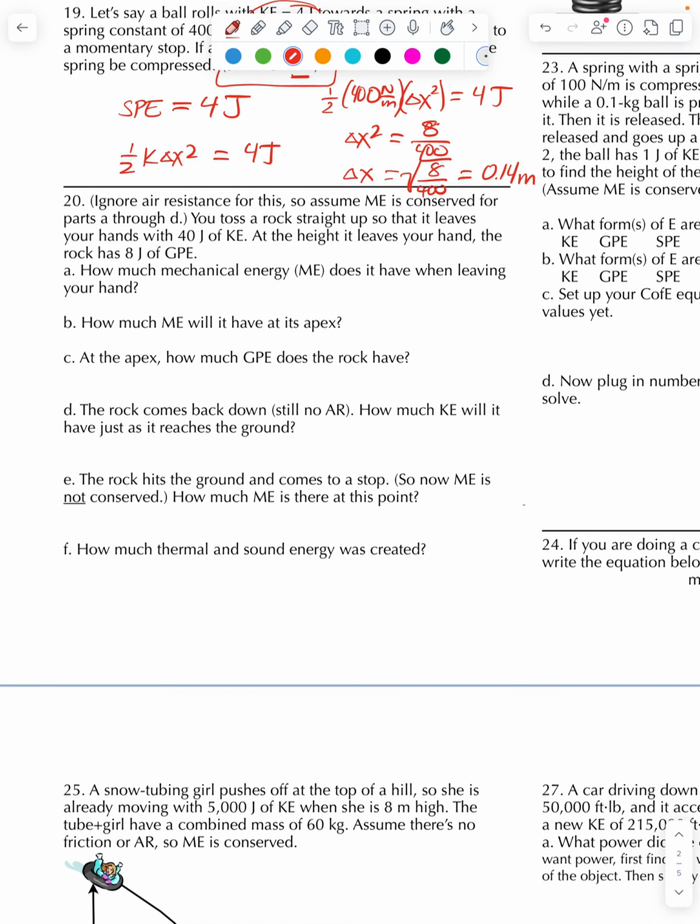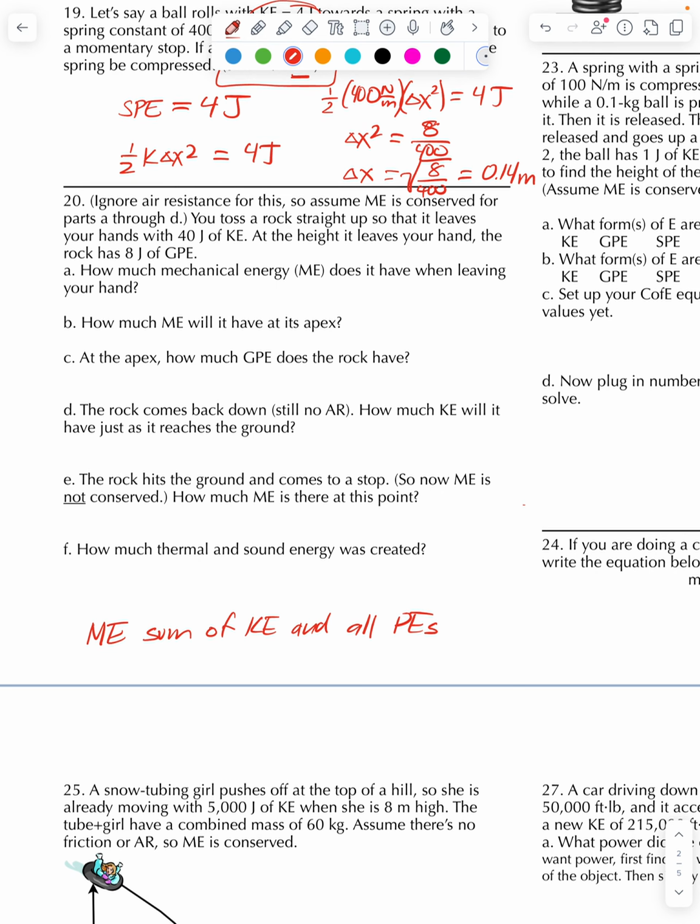We assume mechanical energy, that's ME, mechanical energy is conserved. In other words, for parts A through D. So just a little reminder: mechanical energy is just the sum of KE and all potential energies. So it does not include heat. That's the main thing that we're not including here.